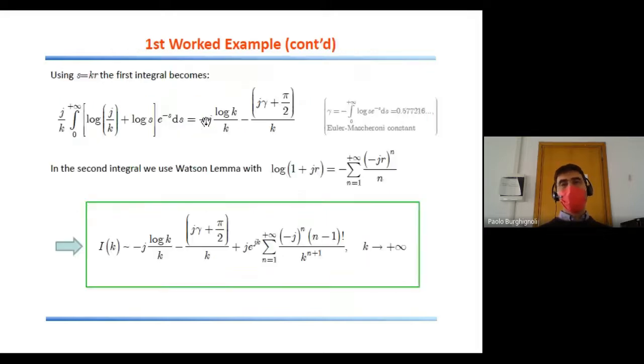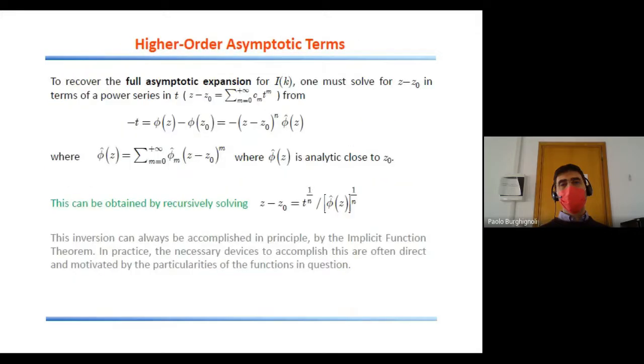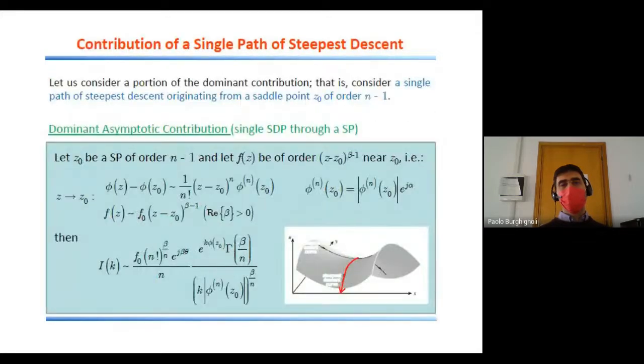So if you remind the assumptions, let me go back here. The assumption on the function f is that it is locally represented as f0 times (z minus z0) to the beta minus 1. So if the function f is locally a constant, this means that the exponent must be equal to 0, that is beta must be equal to 1.